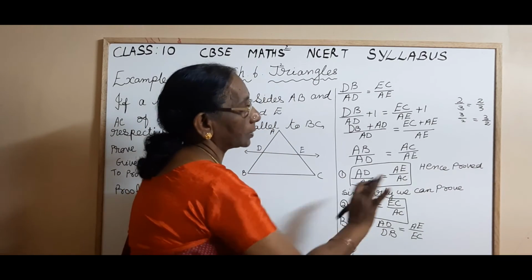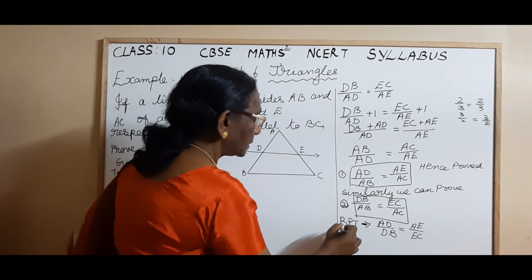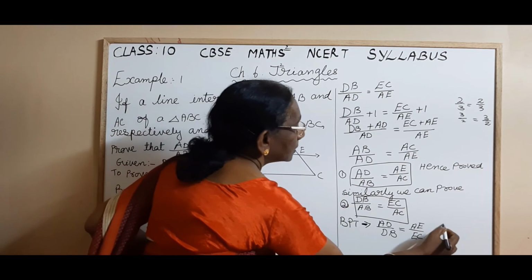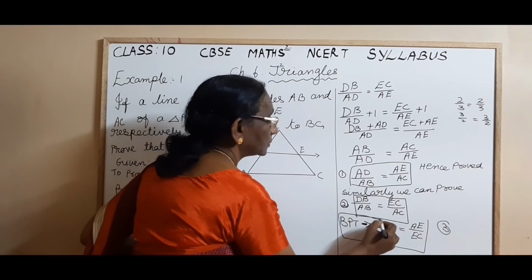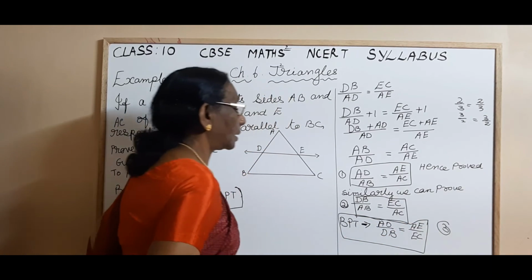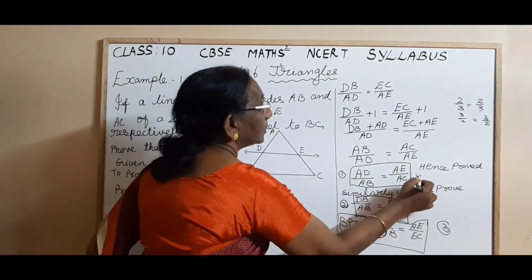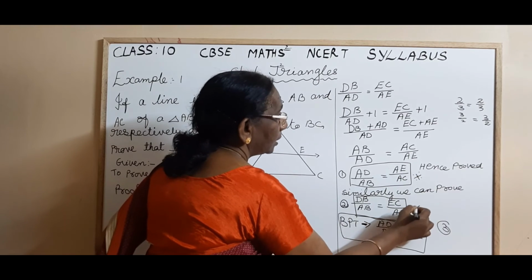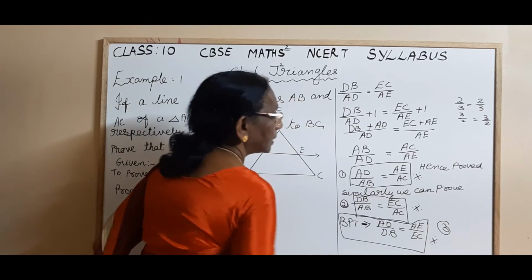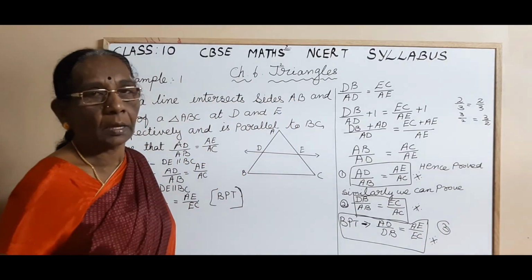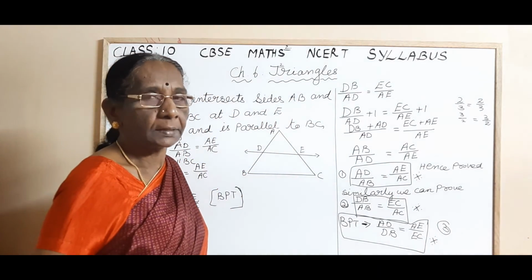The reciprocal is also equal. So these three things, this is the third one. These 3 points are very, very important because we will be using these 3 concepts in proving the sums, in doing the sums in 6.2.